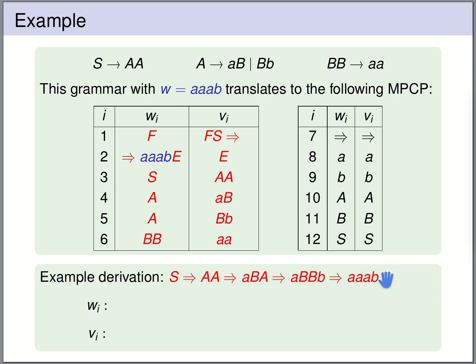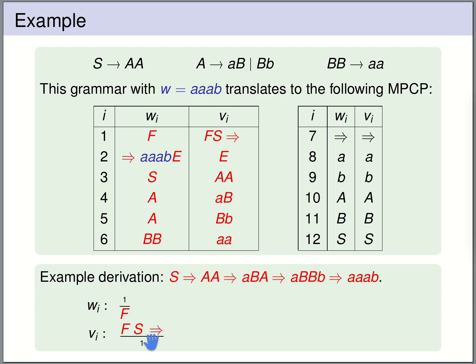The word is generated by the grammar, so we should be able to find a solution of this modified PCP. So we have to start with the first pair. So the left entry is an F, the right entry is F S arrow. So we put the left entries we write on top, the right entries on the bottom.